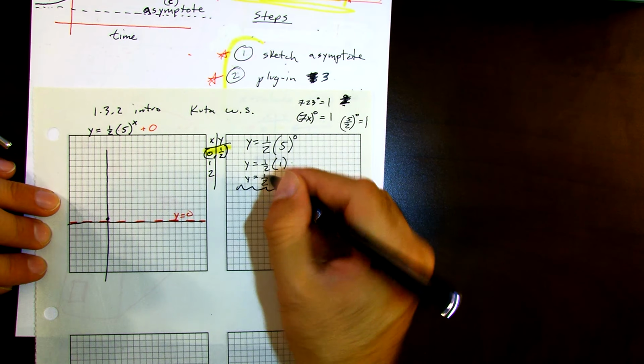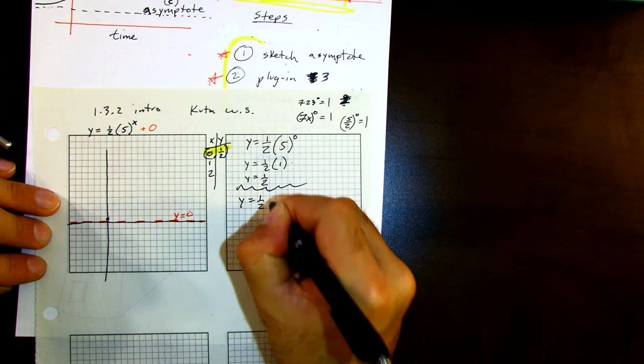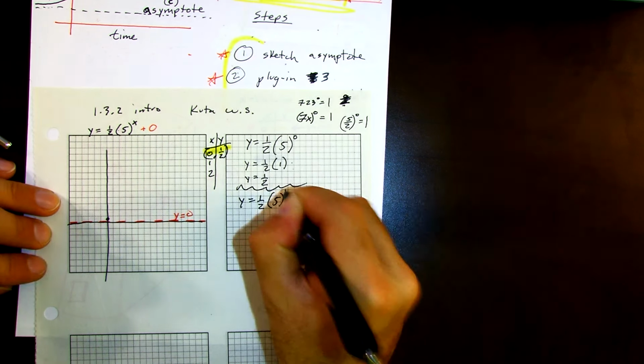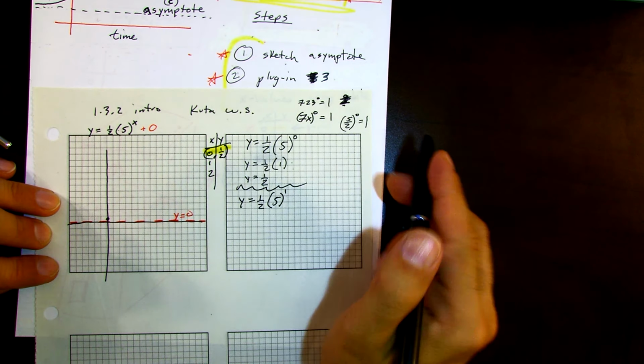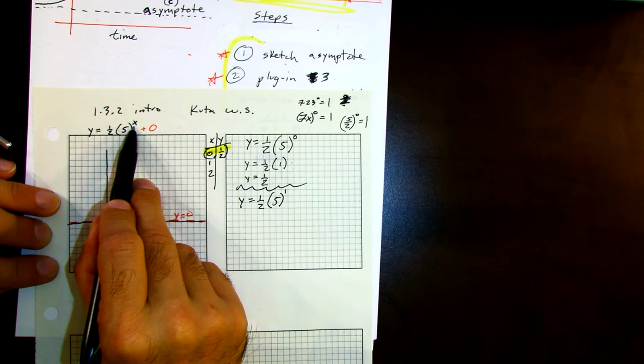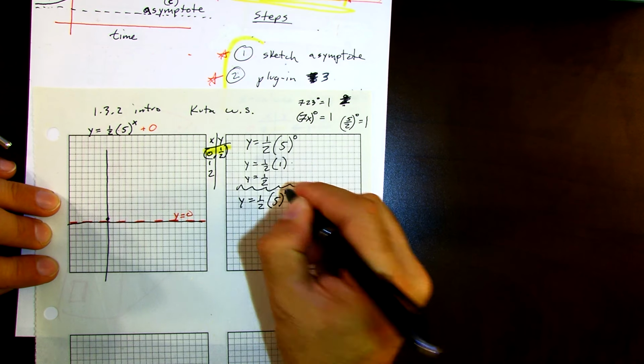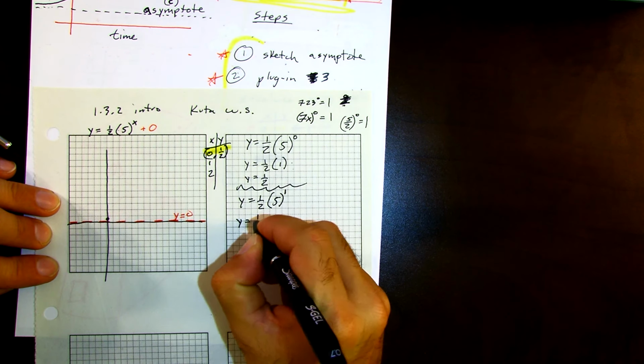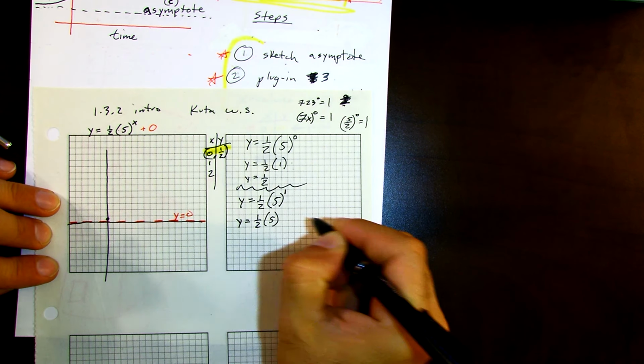So let's keep going. Y is equal to 1/2 times 5 to the first power. So remember, we're plugging in for x. Since we have to the first power, 5 to the first power is just 5.